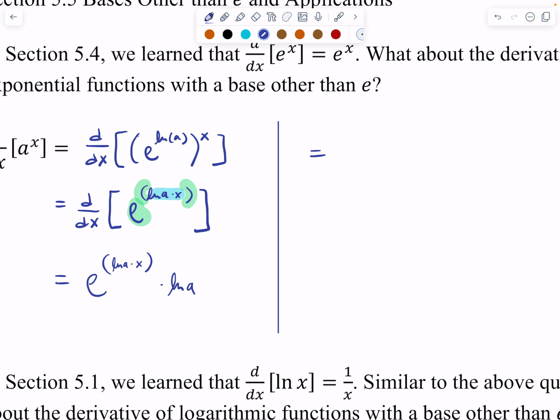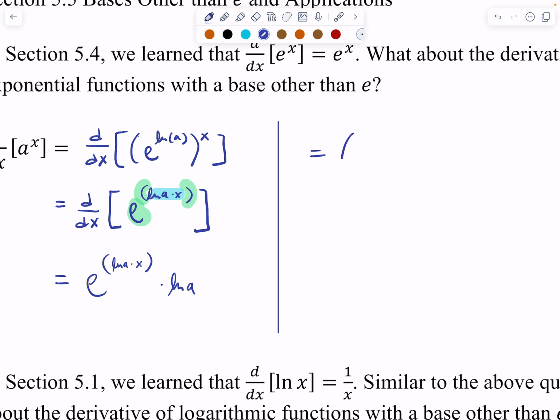Technically this is the derivative, but we know from where we came from in the beginning, right? We were trying to differentiate a to the x, and we used e to the ln of a in order to be able to differentiate a to the x. But we can also go back and rewrite that as a to the x.